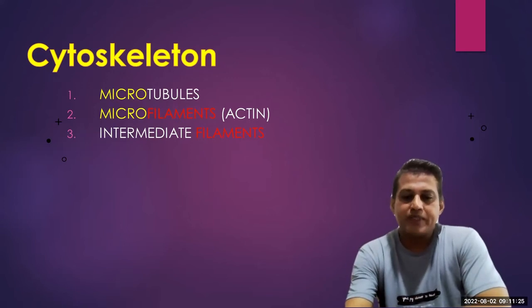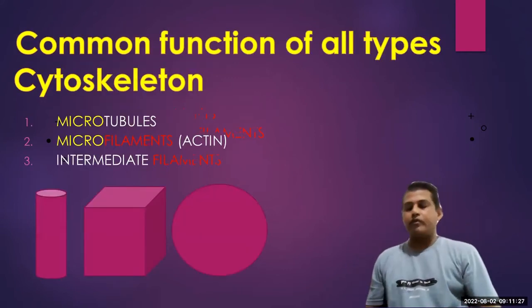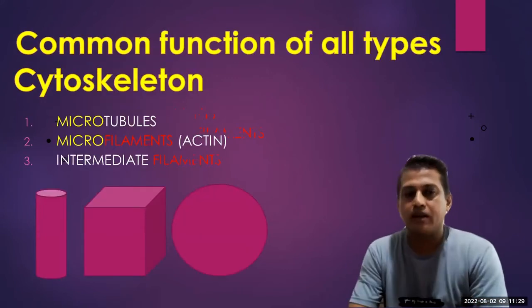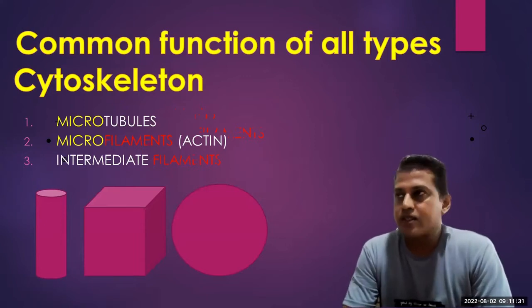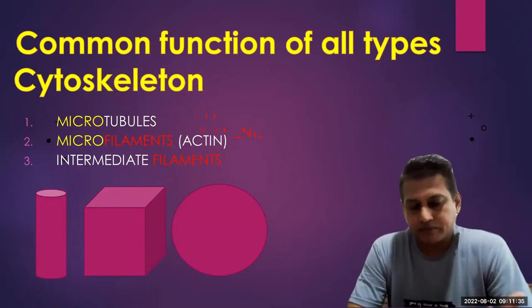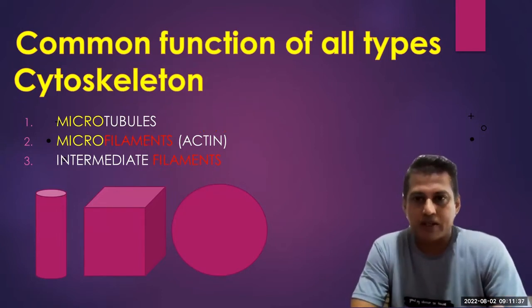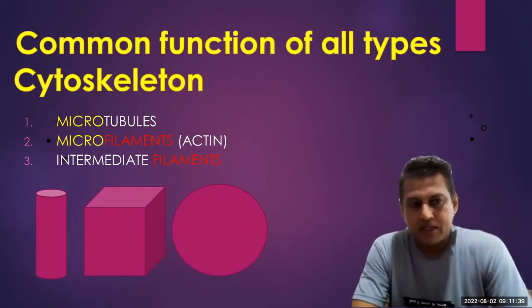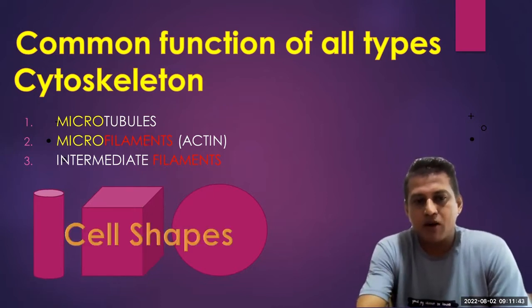Right now, first, we're going to see the function of these cytoskeleton fibers. We can easily remember they have one common function. All three filaments have one common function. So what is the one common function?